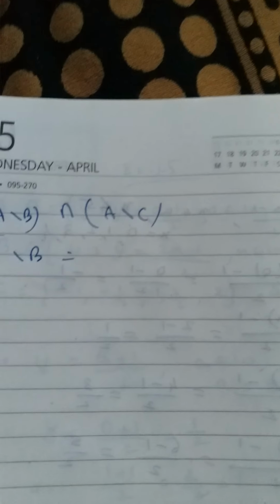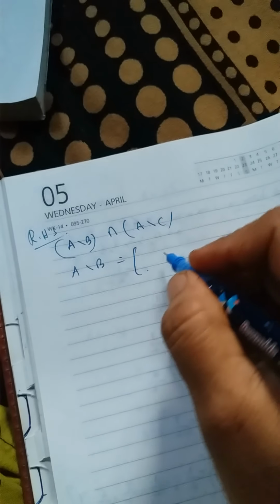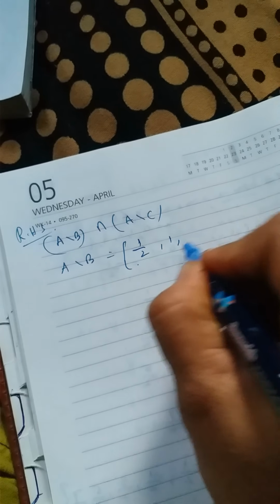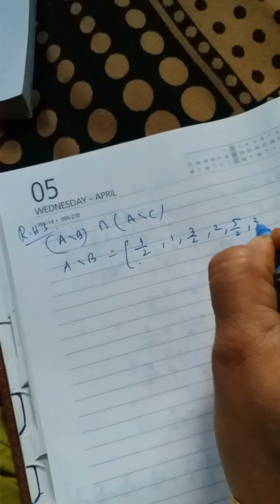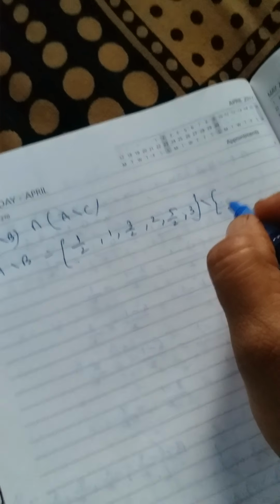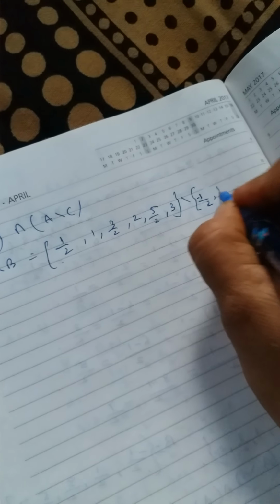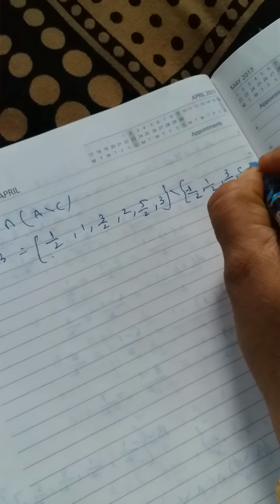So first find out A minus B. A is 1 by 2, 1, 3 by 2, 2, 5 by 2, 3, minus your B, which is minus 1 by 2, 1 by 2, 3 by 2, 5 by 2, 7 by 2.